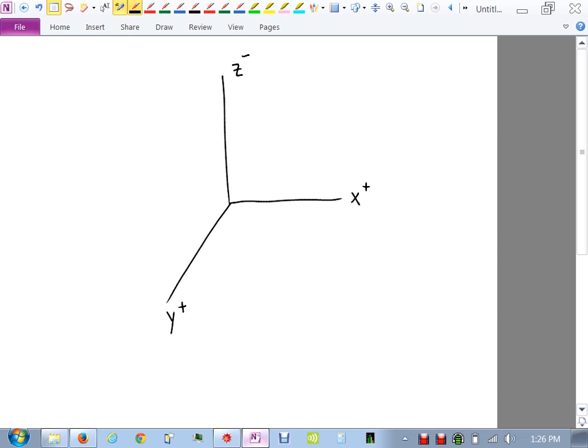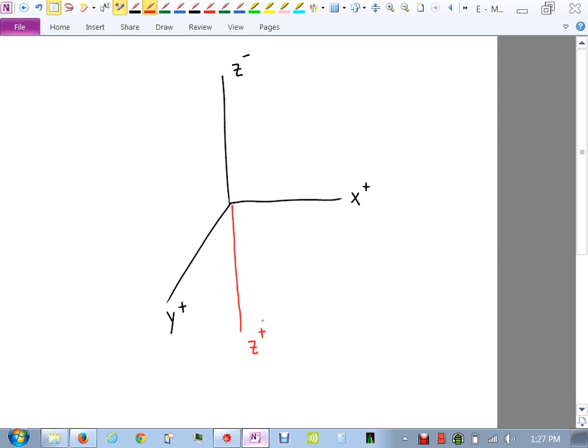If your fingers are pointed out to positive x and you curl towards positive y, your thumb needs to point to positive z. So I didn't put positive z on here, did I? Here's positive z down here, right? So what if I do this? My hand's here. I curl from positive x towards positive y, and my thumb is pointing towards positive z. So that does follow the right-hand rule.